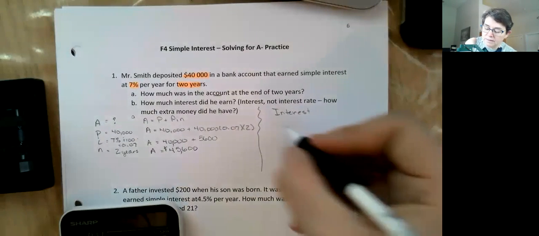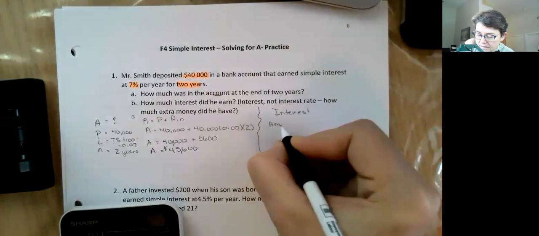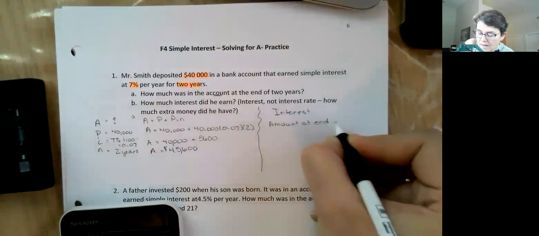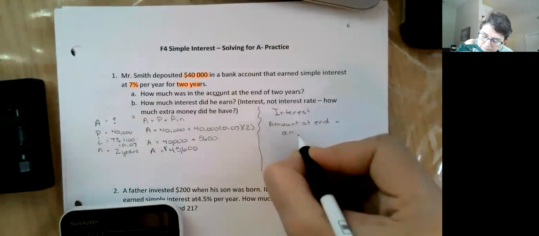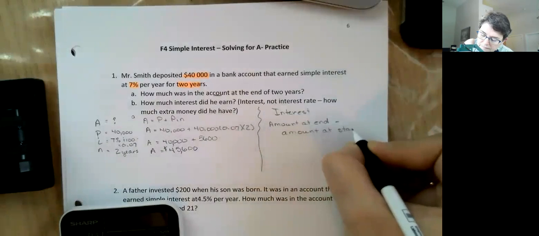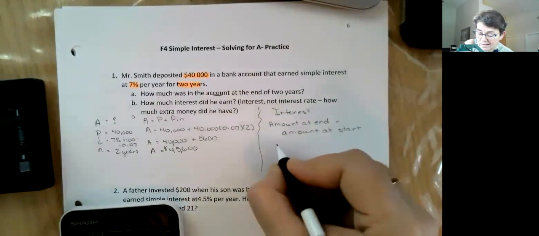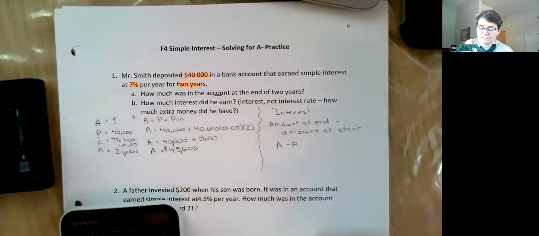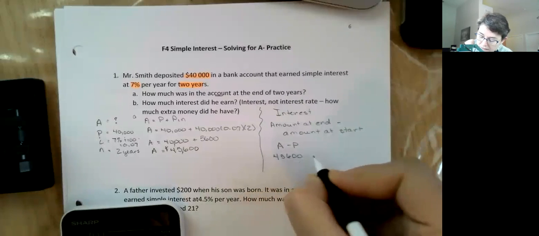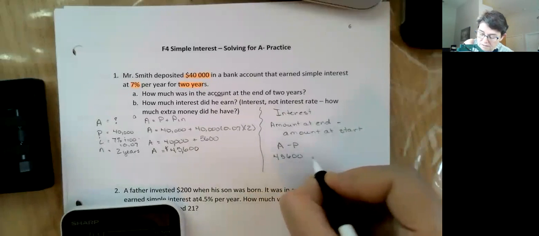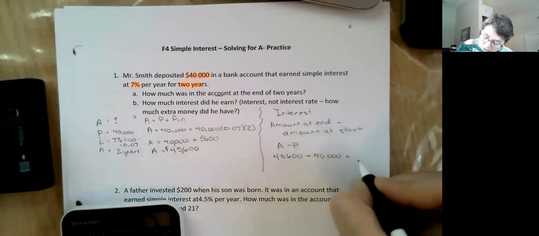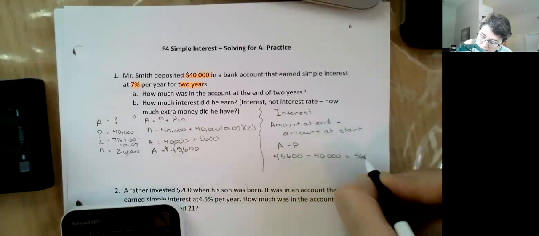The simplest way to do it is the amount at the end minus the amount at the beginning, or A minus P. So I got 45,600 minus $40,000 is equal to 5,600.